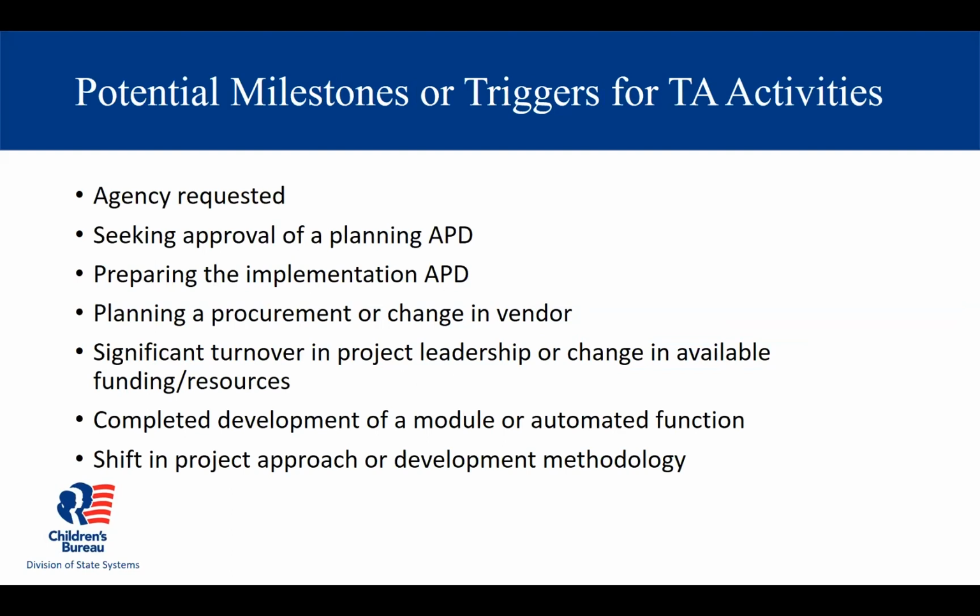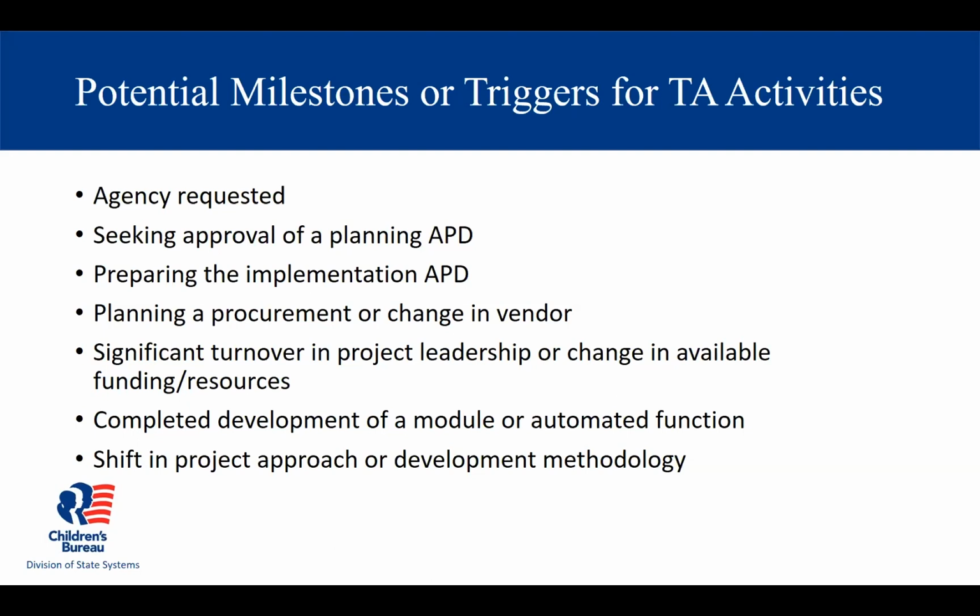The technical bulletin has a section that describes trigger events, for lack of a better word, of when it might be a good time to engage in technical assistance activities. And some of these might be common. You may just want help on a specific issue, or maybe you're developing a request for proposal and you would like specific technical assistance around the RFP.